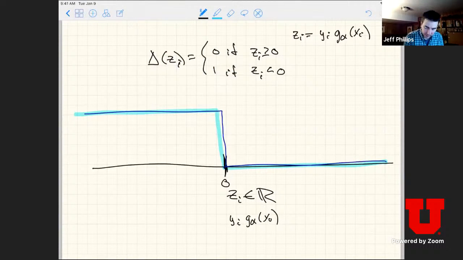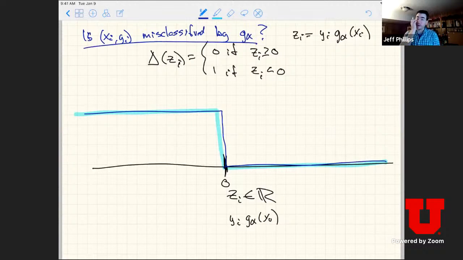Basically it is answering: is xi, yi misclassified by g of alpha, right? That's what this is asking.